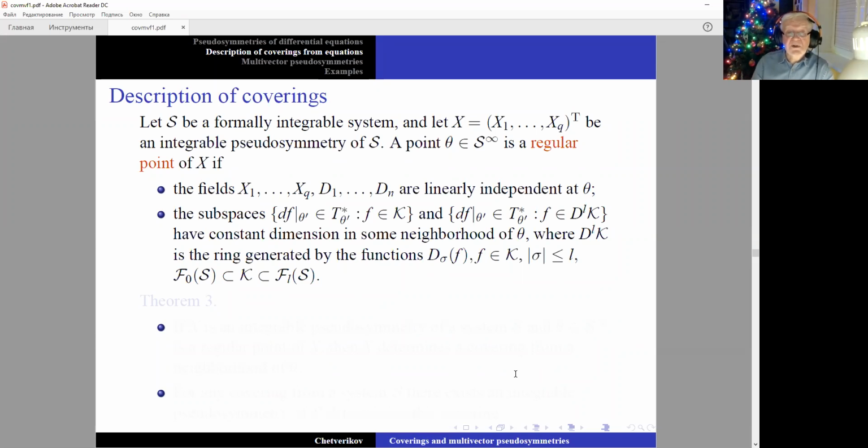Now let's describe coverings of a given system. This is the definition of a regular point of an integrable pseudosymmetry.